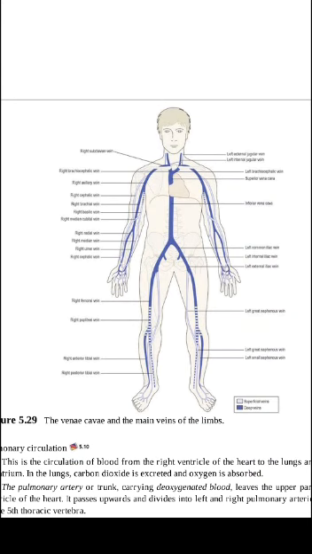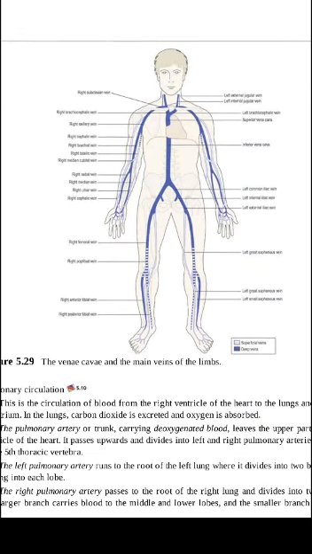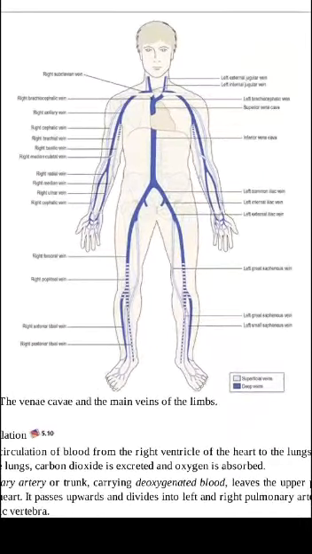Next, we come to the major veins of the body. There is the left subclavian vein, the right subclavian vein, right brachiocephalic vein, right axillary vein. In the same way, they are paired. You should know that some of the arteries and veins in our body are paired and some are unpaired.